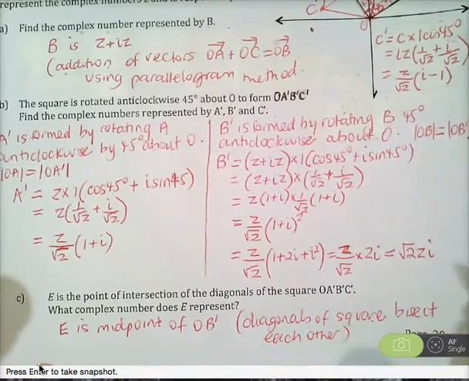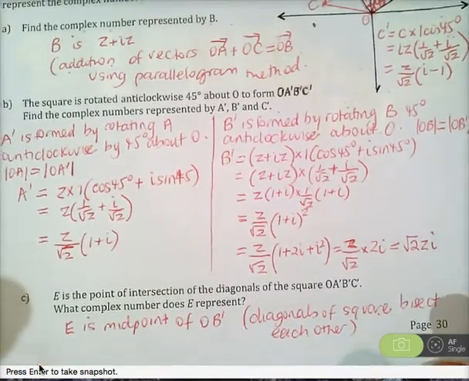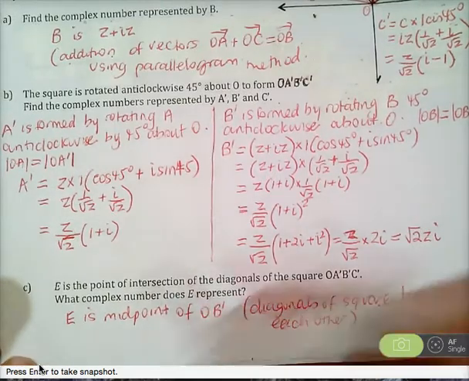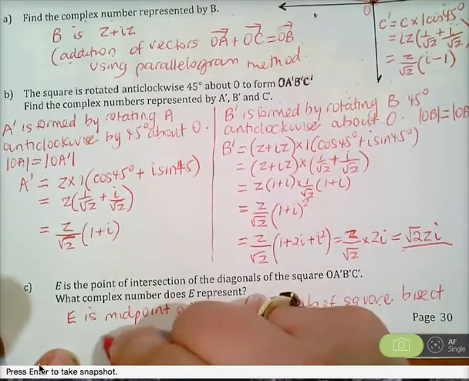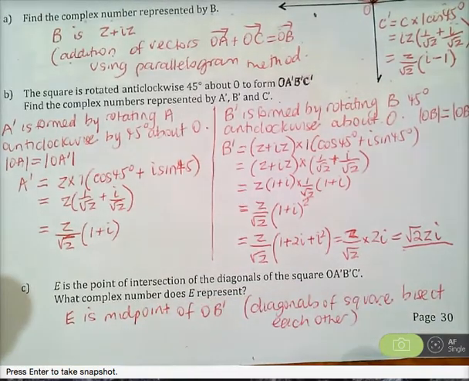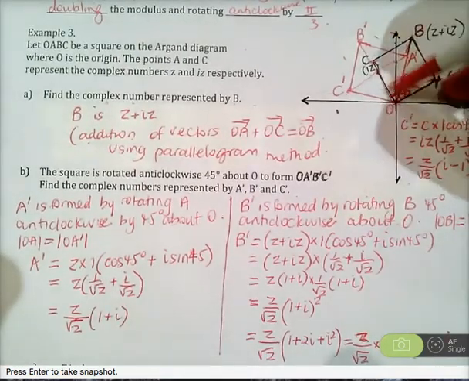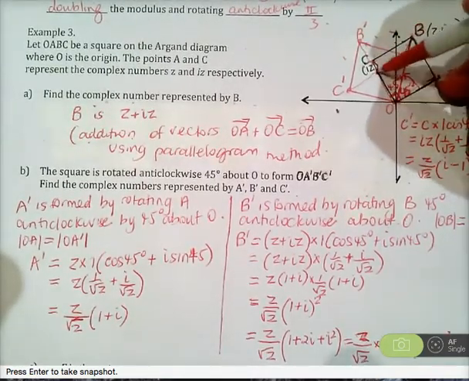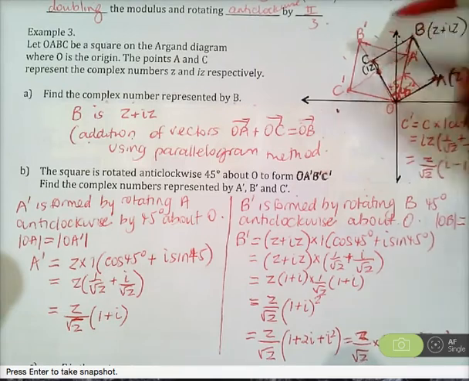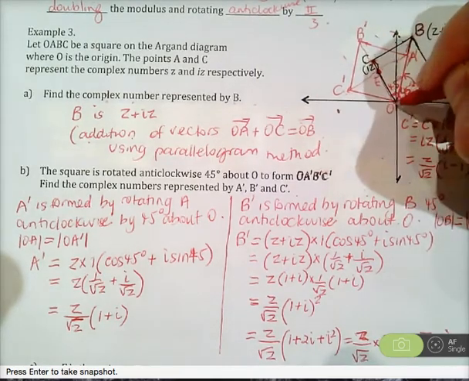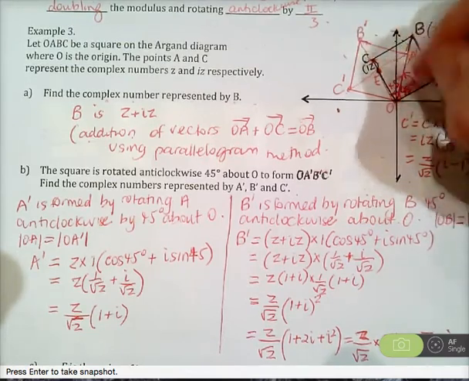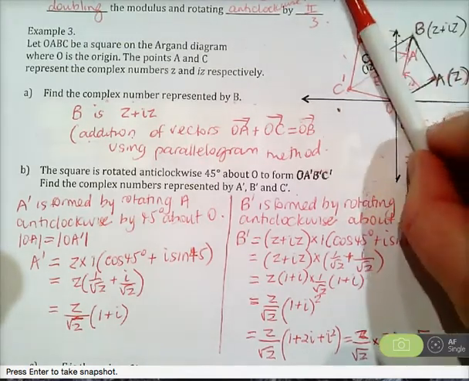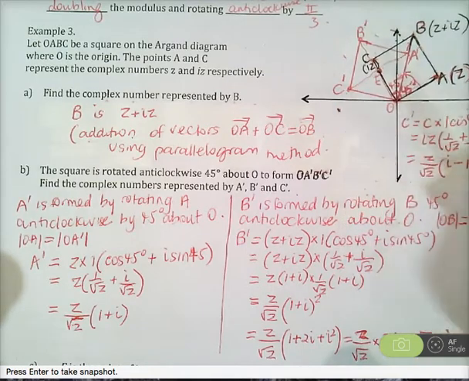So to do the midpoint of O, B dash, it's just using the midpoint formula. So we've got the coordinates here of B dash. Now actually we won't use the coordinates. What we're going to do, we know that if that's OB dash, then halfway along OB dash will be E, because the length OE is half of the length OB dash, and it's along the same vector represented by OB dash, okay?